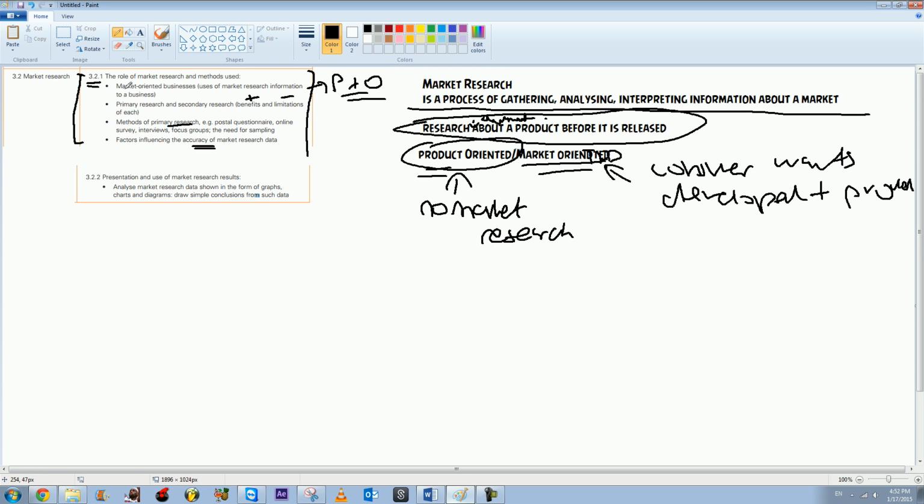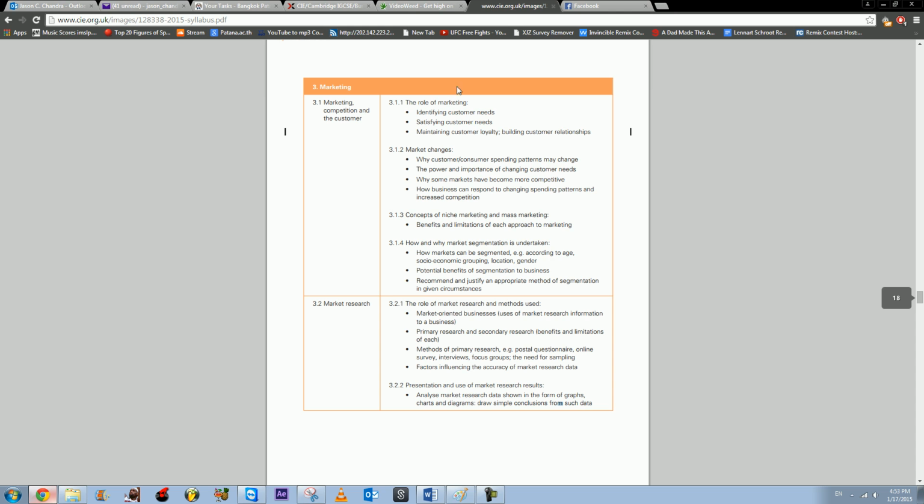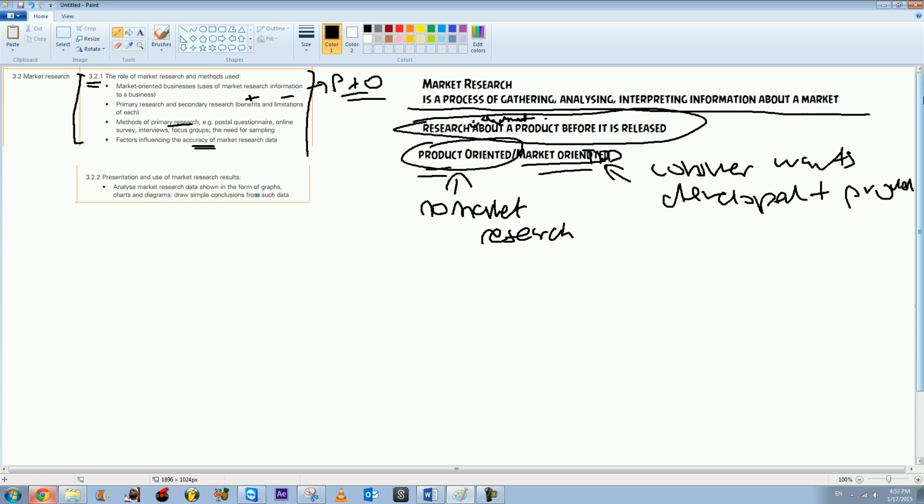Role of market research, market-oriented business. So why do we do market research? We have to know if the product is likable, if the product is viable, if the price they would pay is actually good. So it links to the first syllabus statement, identifying customers and satisfying them, and linking them to the 4 P's, as I said earlier: price, product, place, promotion.